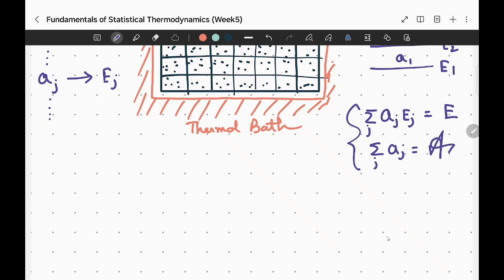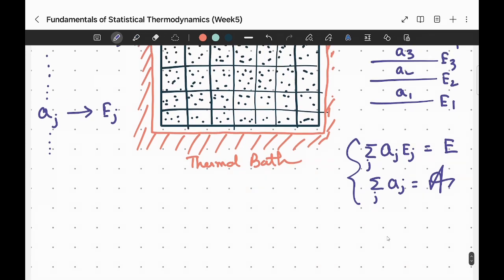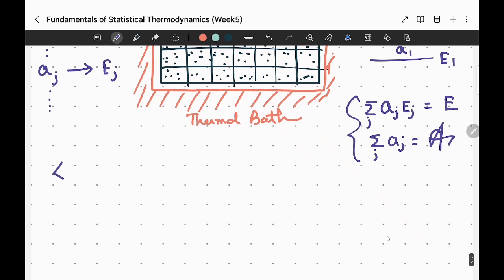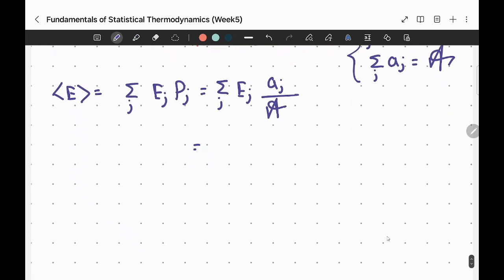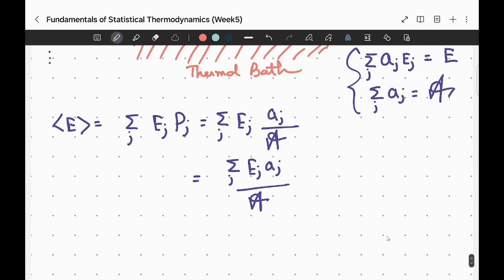This is very similar. Now if you calculate the E average, what is the E average? It is the summation of EJ PJ, where PJ is the probability. The probability can be written like this: EJ AJ divided by this capital A. So this is our internal energy, the average internal energy.